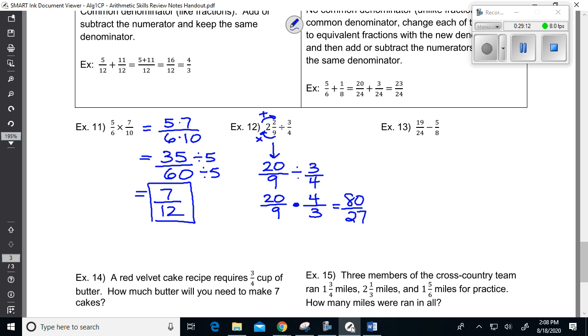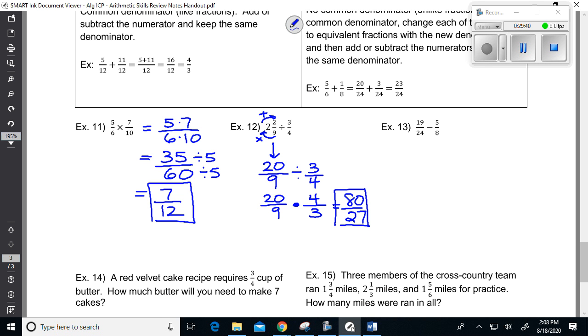So now, the only thing we have to do is see if this will reduce. But 80 over 27 will not reduce. If you have a calculator that will reduce fractions for you, you can type it in there and see that this will not reduce. So this is your final answer.